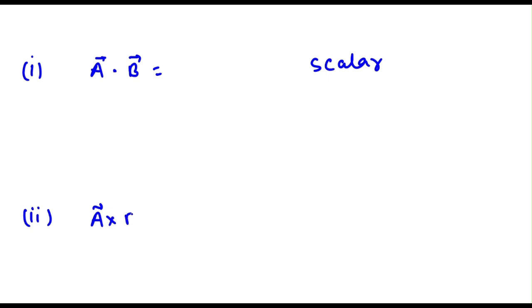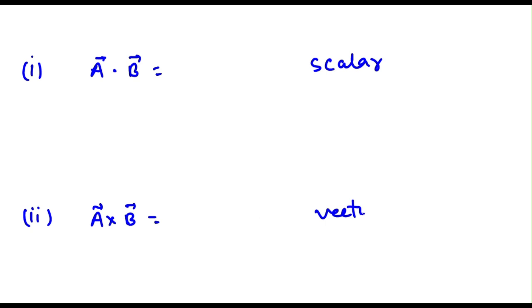So there are two scenarios where, let's say, there are two vectors A and B. These two vectors can give a scalar result when we take their product, and in the other case they can give another vector as a result of multiplication.